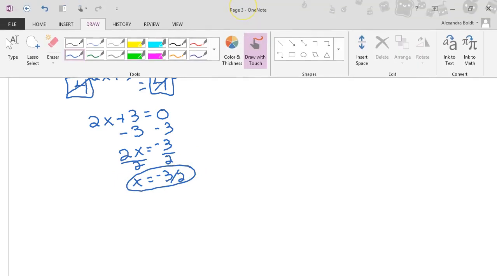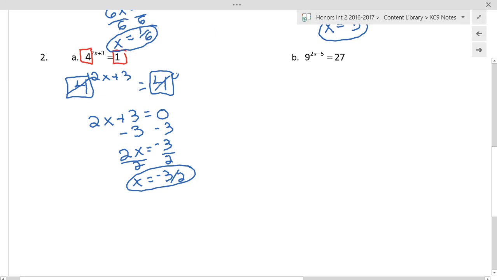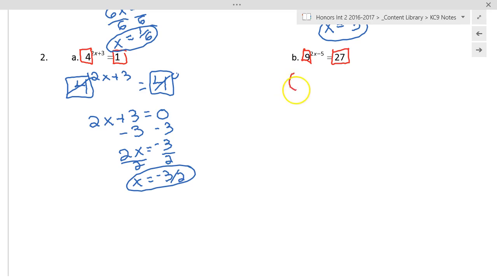All right, looking at B. It's a little bit trickier. I have 9 and I have 27. Now, 27 is not a power of 9. 9 squared is 81. I skip right over 27. So now I have to think, is there a base that both of these have in common? Well, I'm going to rewrite 9 as 3 squared, and then I still need the 2x minus 5. And then 27 is 3 cubed.